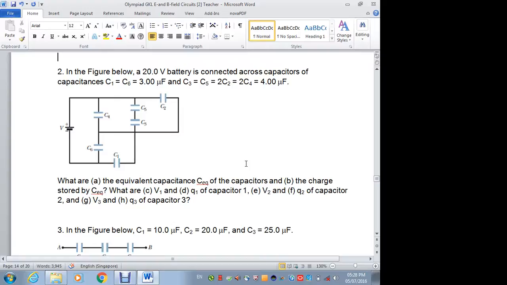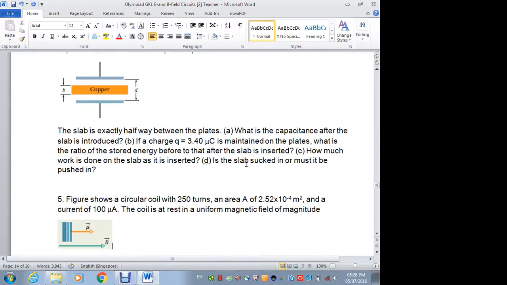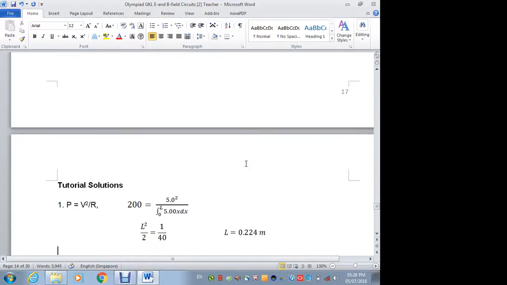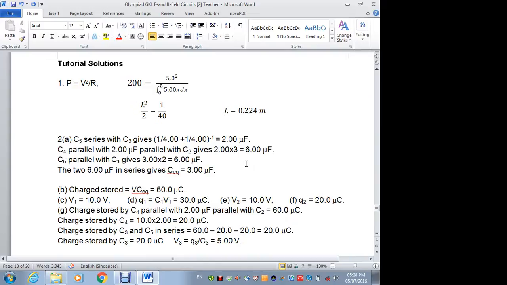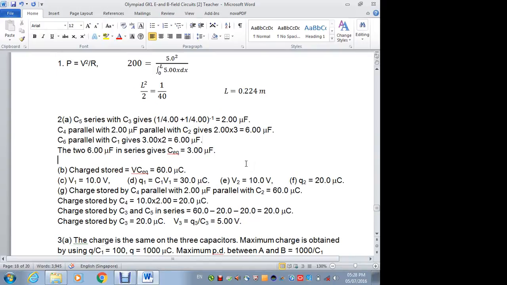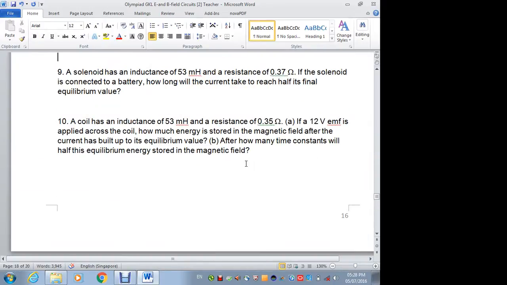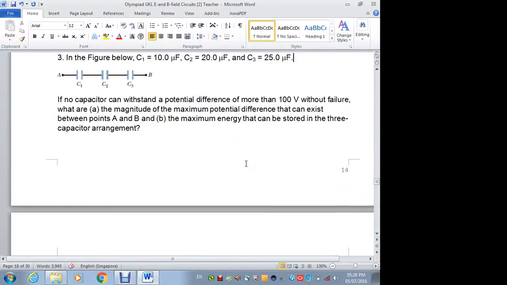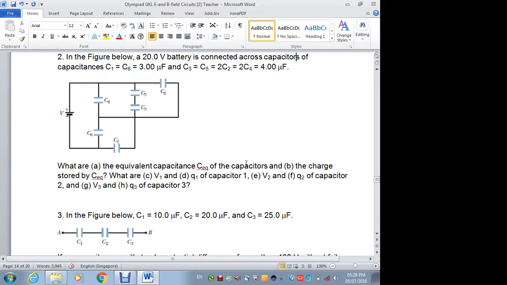Okay. So you can try and draw. Oops, I never redraw. Okay, never mind. I redraw it here. Okay.